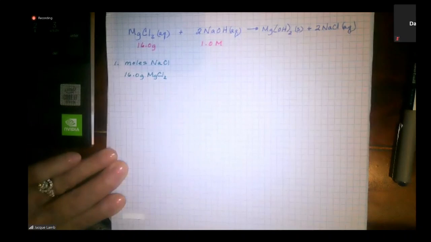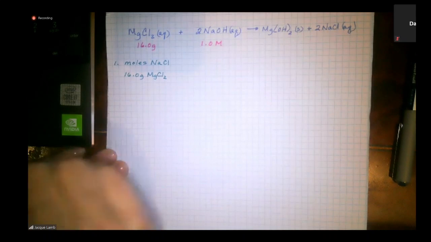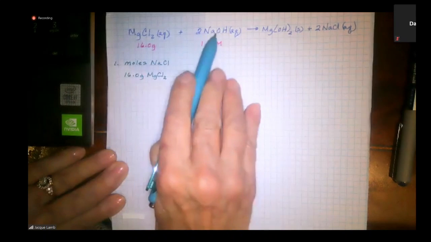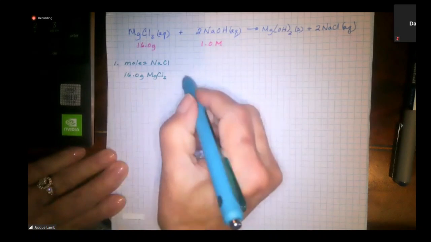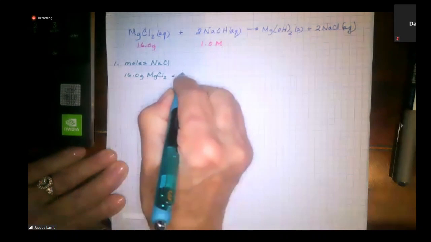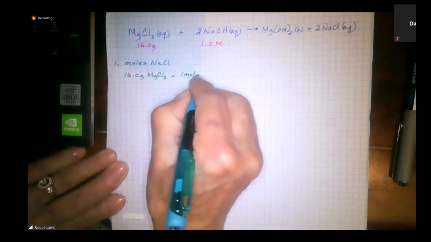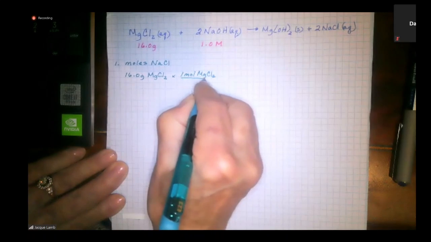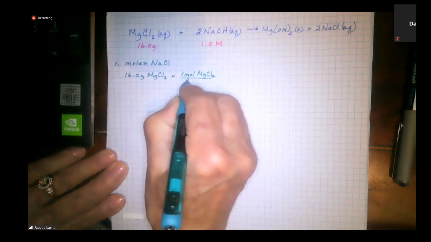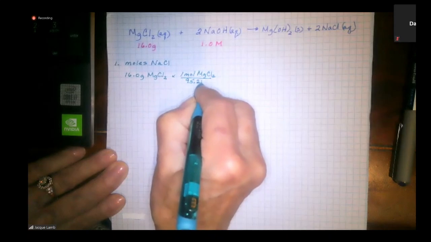Remember that the first step that you have to do whenever given a mass, this balanced equation is molar ratios, not mass ratios. The first thing that you have to do is convert that to moles. So I'm going to multiply this by 1 mole of MgCl2, and the molar mass of magnesium chloride is 95.21 grams.